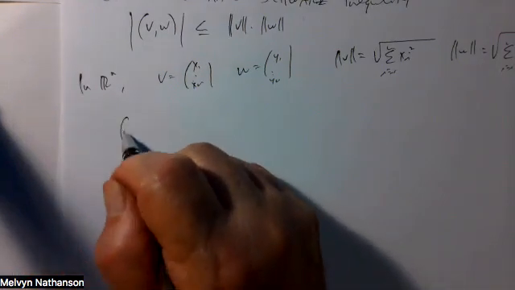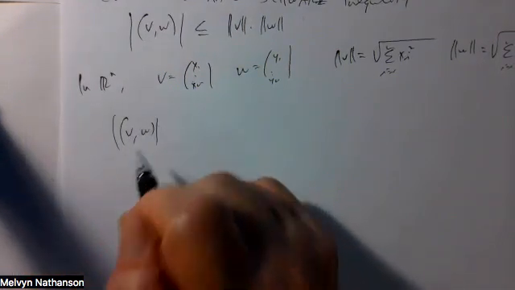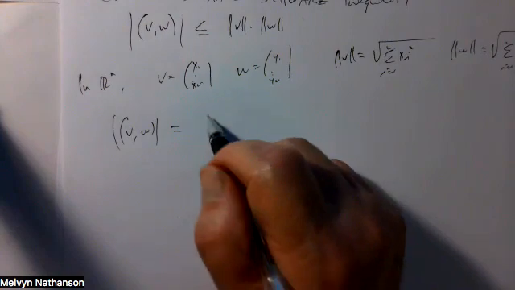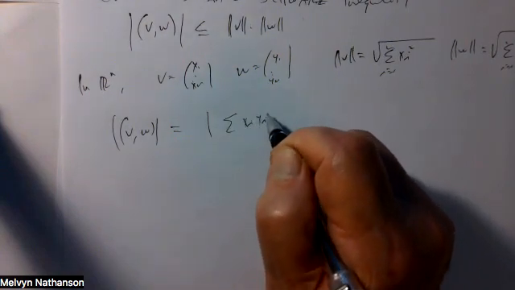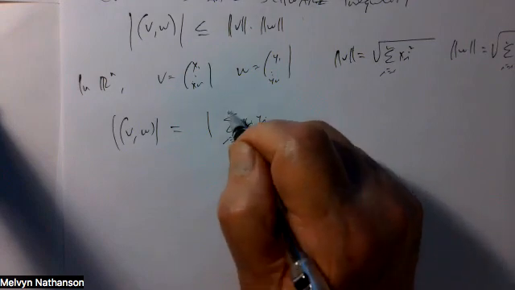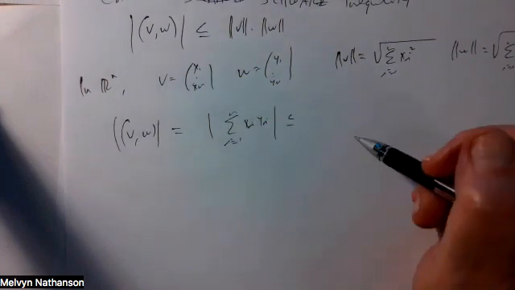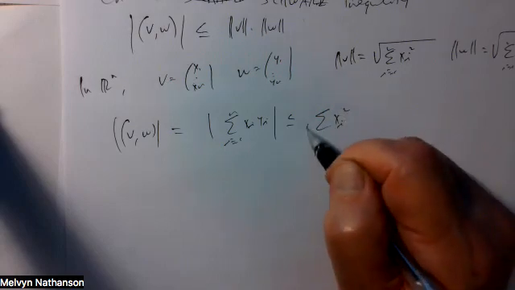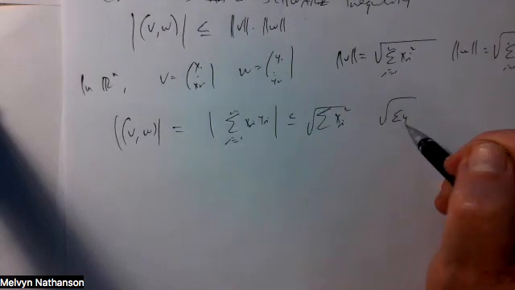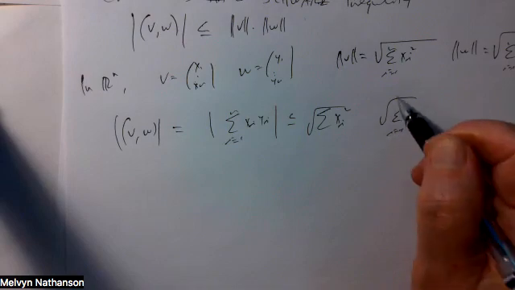So the inner product of v and w in absolute value, which is the absolute value of the summation of x sub i y sub i, i goes from 1 up to n, is less than or equal to the square root of the summation of x sub i squared times the square root of the summation of y sub i squared.